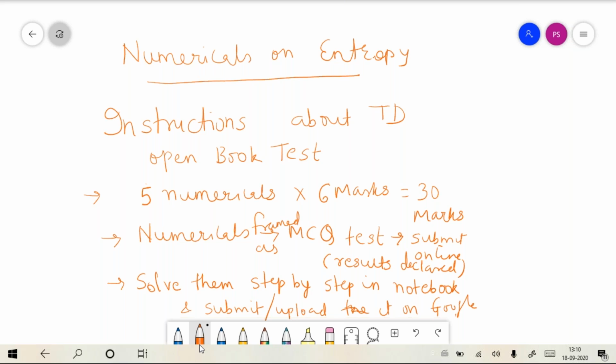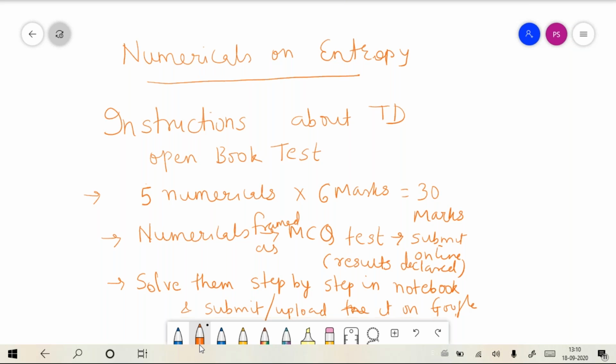So when we get both your MCQ results and your actual step by step solved work, then we would consider that your open book test is over.